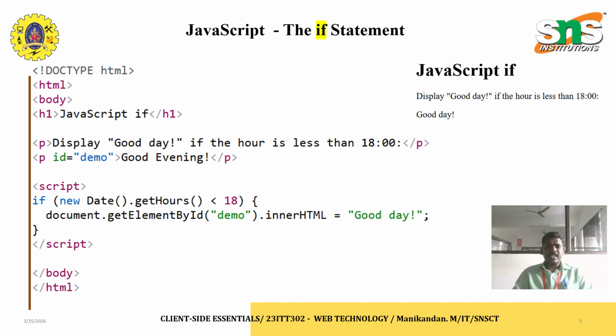Based on that, we are using the function getHours. getHours gets the hours from the date, then we check the condition: if it is less than 18 hours, we display good day. For example, in the output we are getting good day, so the condition is true. The current hour is less than 18, so it displays good day.